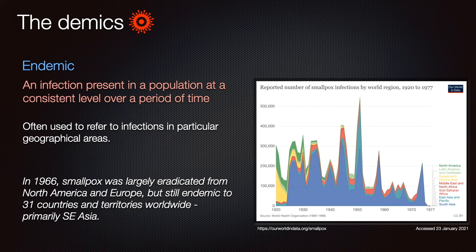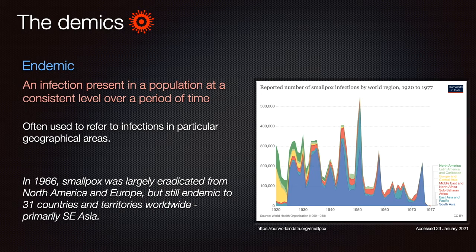In this graph I have on the slide, this is a graph of reported number of smallpox infections broken down by world region. And if you take a look at this graph, you can see that it is dominated by infections in the blue graph here. We see very few smallpox infections post-1966 in North America and Europe, as vaccination and other intervention methods all but eradicated smallpox from these regions.